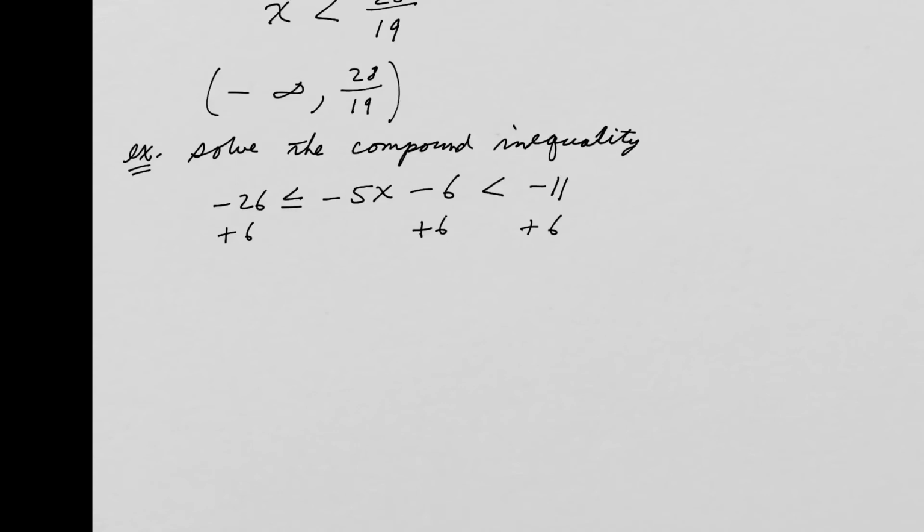Then this will work. So -26 plus 6 is -20, less than or equal to -5x, less than, and then -11 plus 6 is -5. And now what would I do to get x, 1x? I would have to divide by -5.